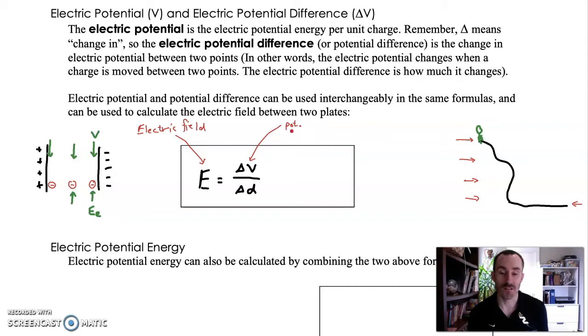I'm going to abbreviate it. Potential difference. We can also refer to potential difference as voltage. And voltage, guess what, is measured in volts.